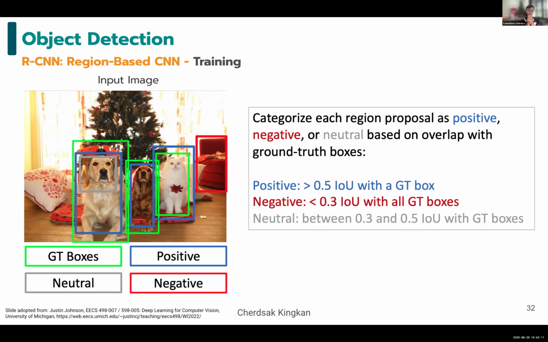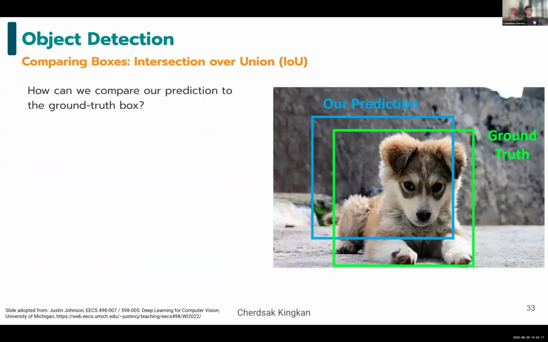So that's what we are trying to categorize. But how does the IOU work? All right. So by comparing the boxes, right? The IOU stands for intersection over union. So we are going to use this to compare the ground truth and the predictions of the models. So let's say, for example, the green box is our ground truth and the blue box is our predictions.